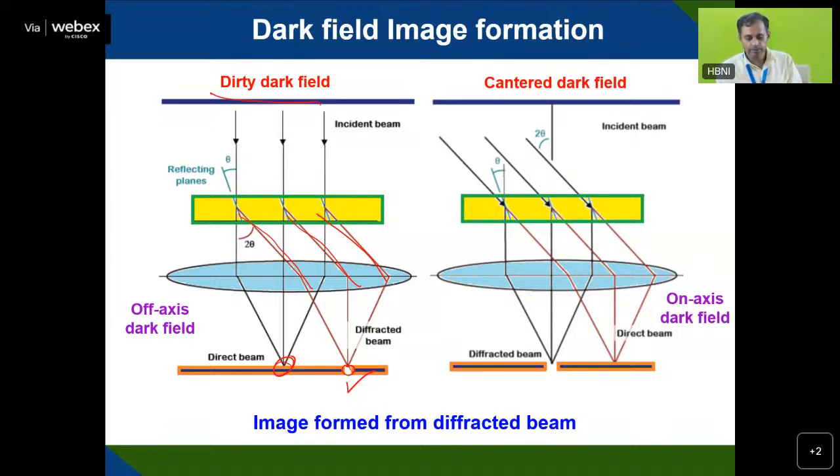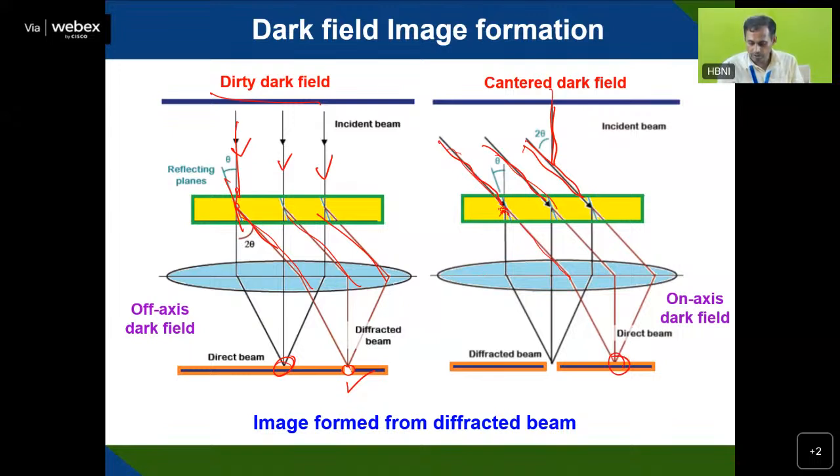But in center dark field image, your incident beam here falls perpendicularly on the sample surface and then diffracts from the sample. In center dark field, the incident beam is aligned at a particular angle from the central position, at a 2 theta angle. With the incident beam aligned like this, after the sample surface the direct beam would go like this and will be stopped here.